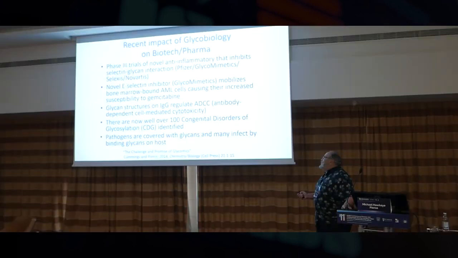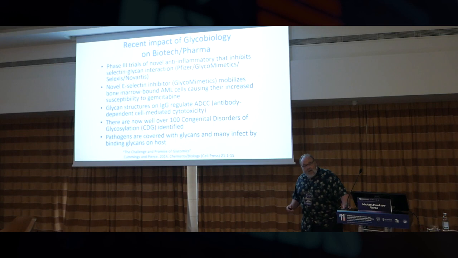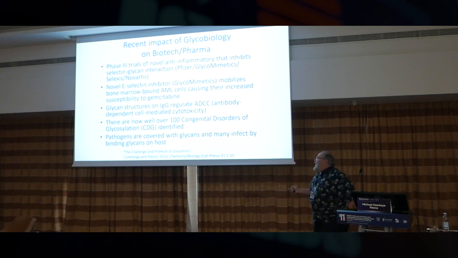And I'll also mention that there are well over 100 congenital disorders of glycosylation that have been identified. These are mutations, for the most part, in enzymes and proteins that are responsible for the biosynthesis of glycans that are on glycoproteins.